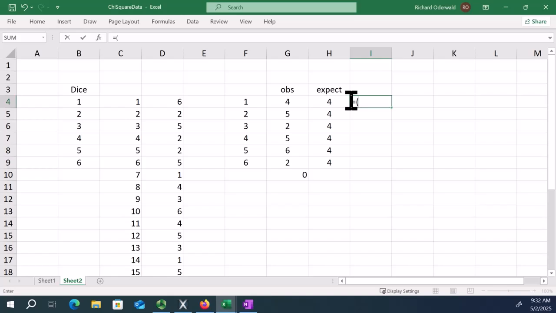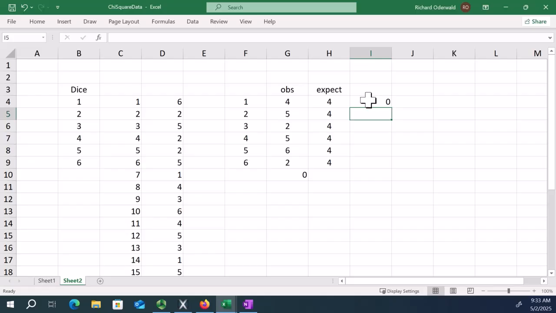Equals, put in a paren, 4 there, minus the expected value of 4, squared, divided by the expected value. So it's observed minus expected over expected.